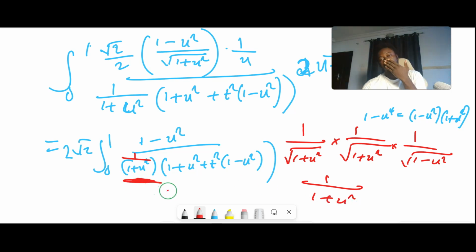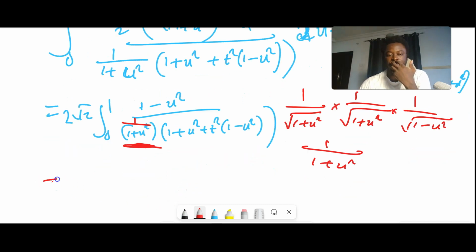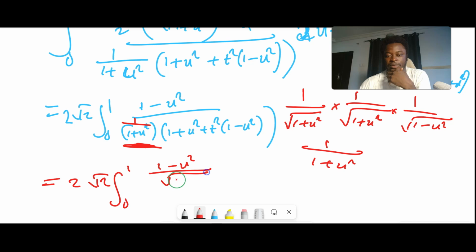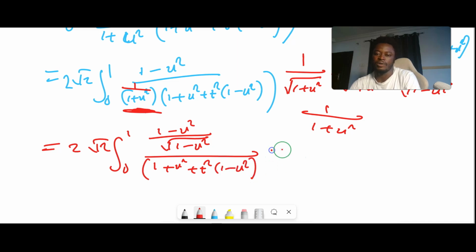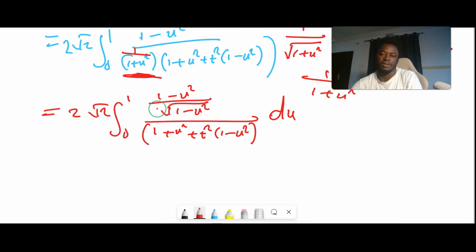So with this, on top you have 2 square root of 2 times the integral from 0 to 1 of 1 minus u squared divided by square root of 1 minus u squared, all divided by 1 plus u squared plus t squared 1 minus u squared, then du.